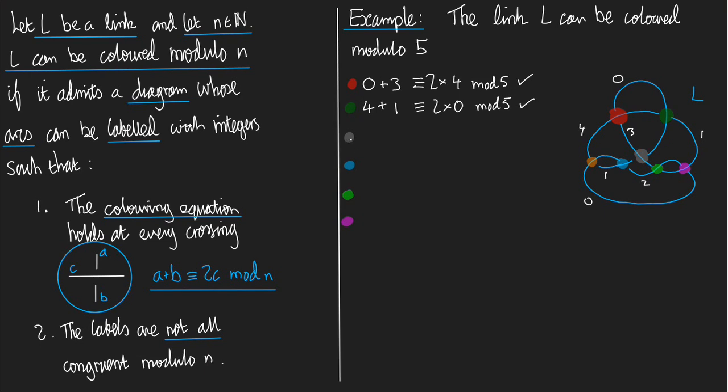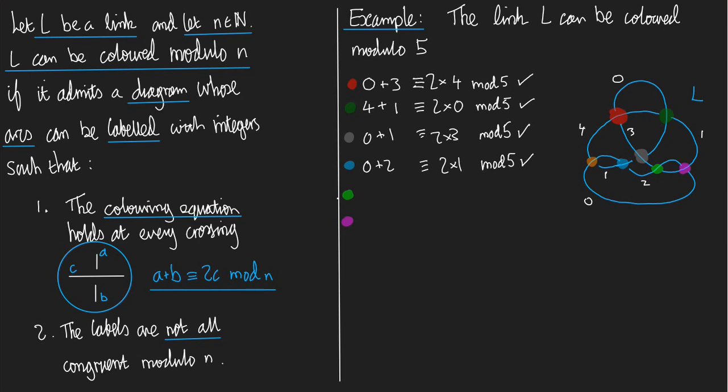So for grey, the colouring equation is that 0 plus 1 should be congruent to 2 times 3 mod 5. That's true, right? 1 is congruent to 6 mod 5. For the blue crossing, it should be 0 plus 2 congruent to 2 times 1 mod 5. Good, that's true.